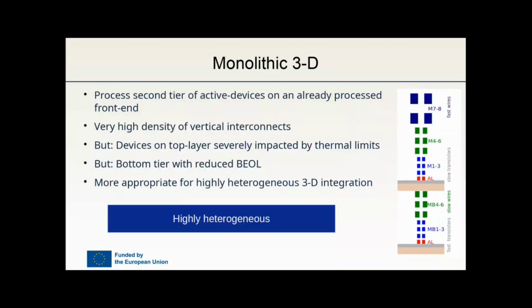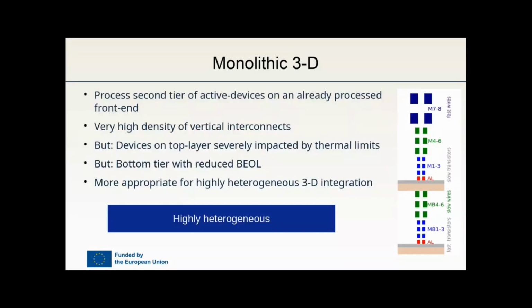Because of that, typically we have to use technologies which limit dramatically the temperature during the processing of the upper tier. In practice, this means that the transistors in the upper tier are slower, of a lower quality than the transistors in the bottom tier.